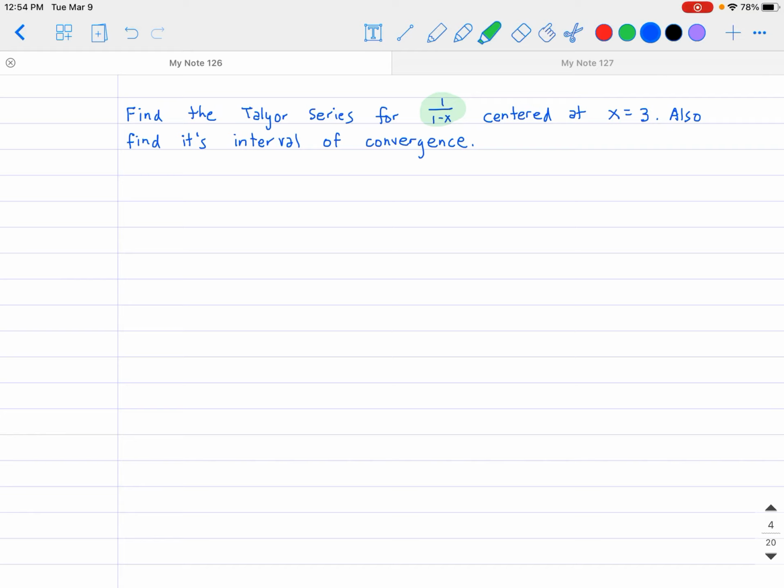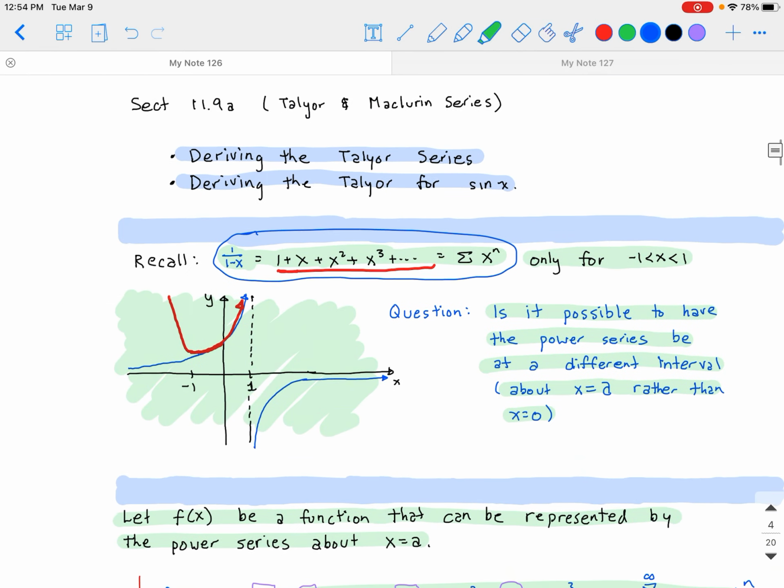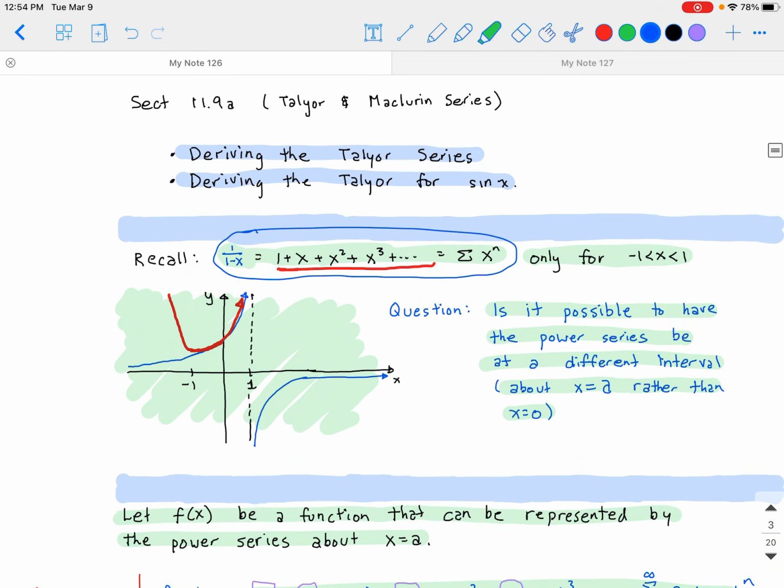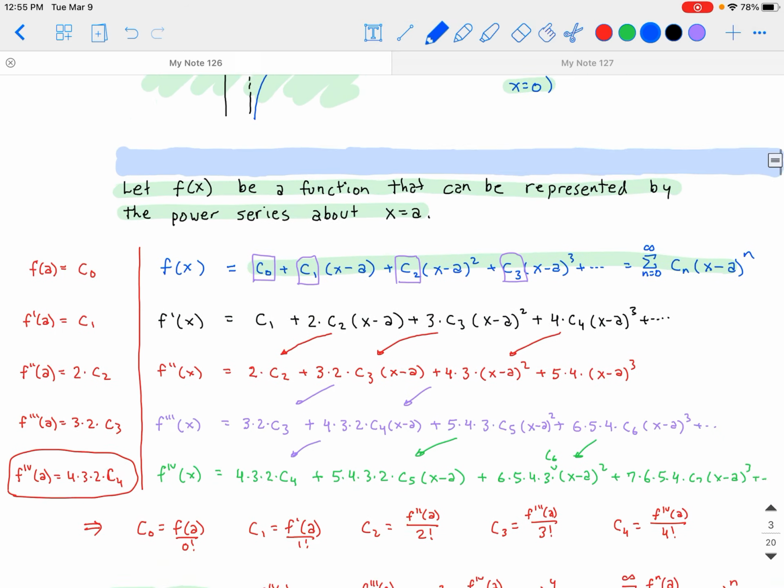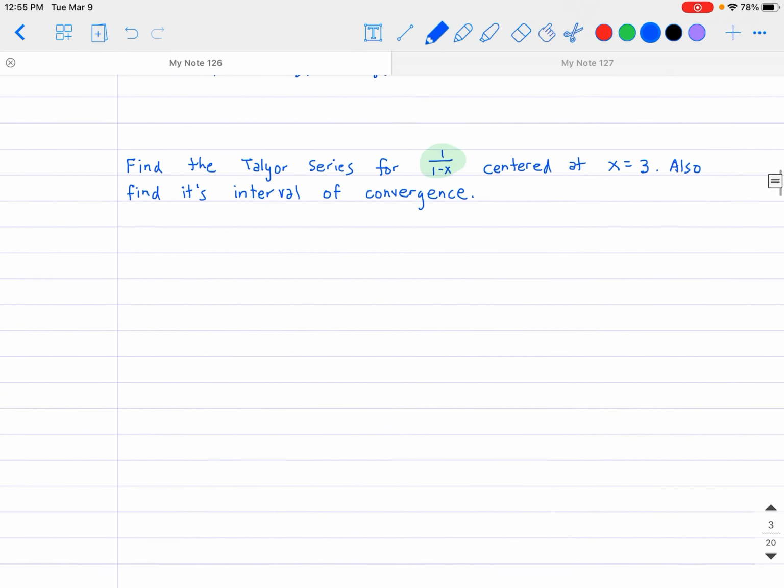But if you recall, the problem I had earlier was to find the Taylor series not always at x equals 0, but what about at x equals 3? Meaning, if I go back to my curve, I want to know what my Taylor series is around x equals 3, over here. So that's my question mark. All right, let's go ahead and do that.